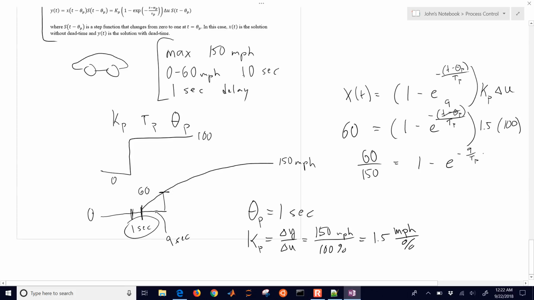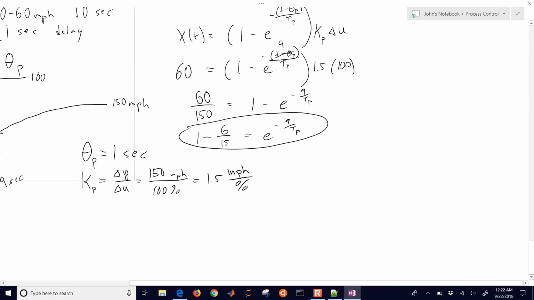So that's going to be equal to 1 minus 6 over 15 equals e to the minus 9 over tau p. Then we'll do a little bit of algebra here.